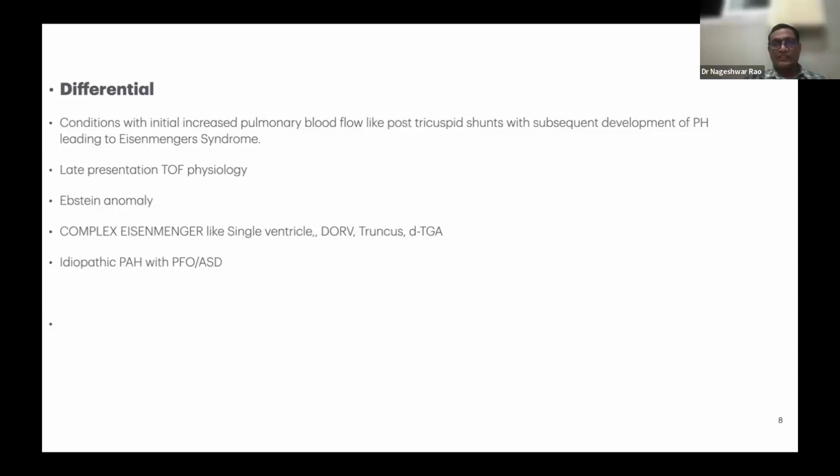Instead, a large VSD, as you are saying, becoming acquired right ventricular outflow tract obstruction. Maybe you call it double chambered right ventricle, or ma'am said Gussulization. These two things may progress to cyanosis.